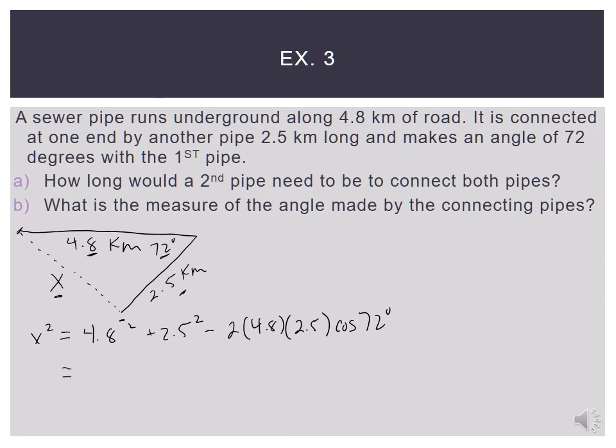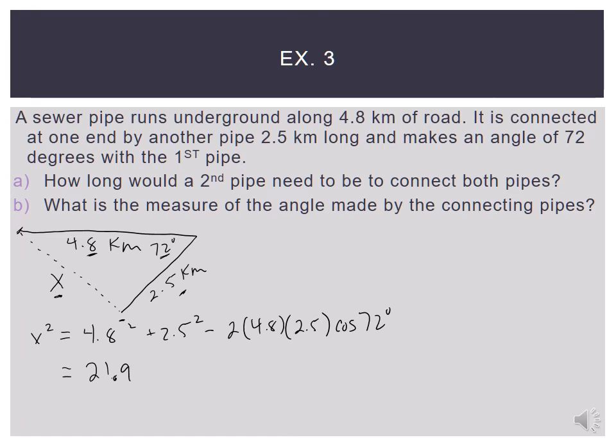And cosine law is nice because you literally can type that in from that step, just like you see it. So everyone type in 4.8 squared plus 2.5 squared minus 2, and then in brackets 4.8 and 2.5 in brackets, cos 72. And to one decimal place, I get 21.9.